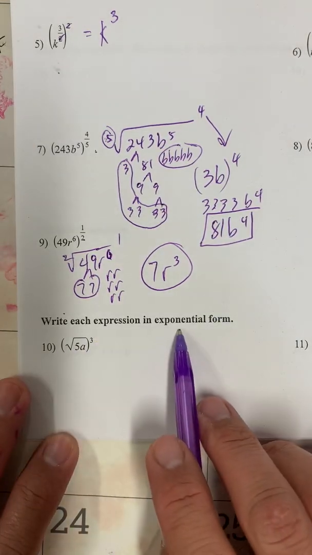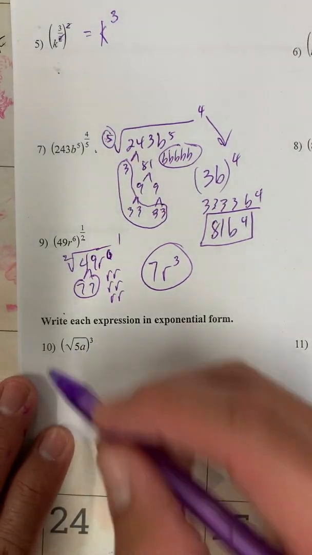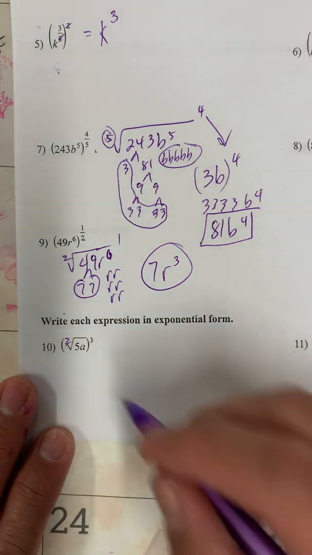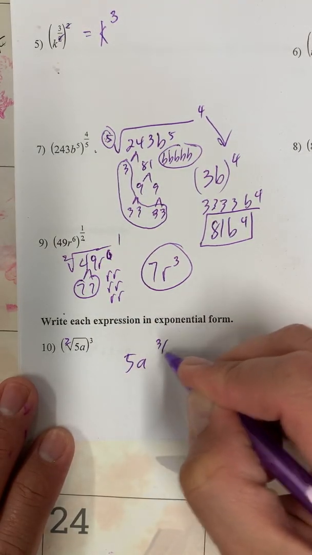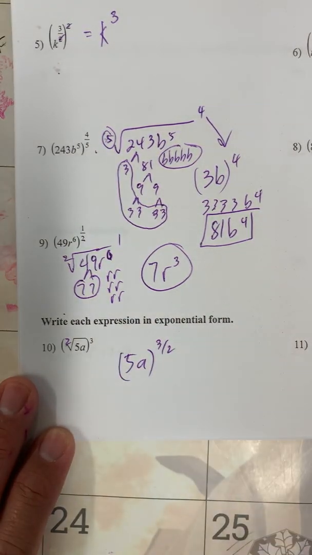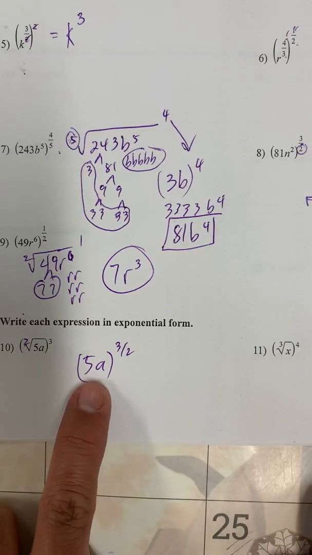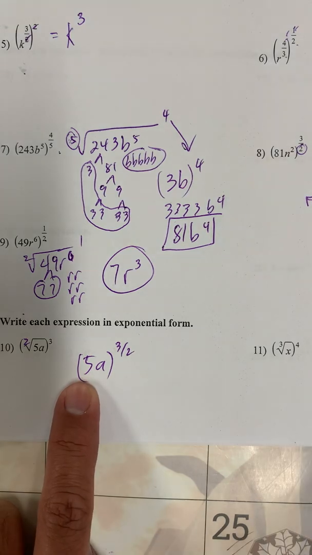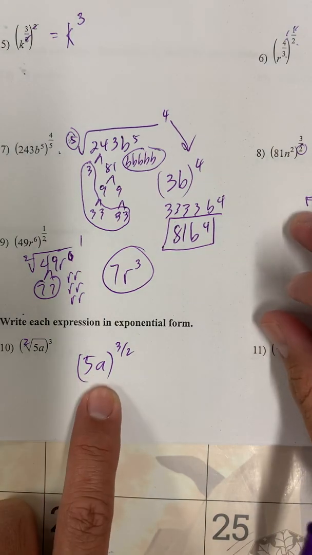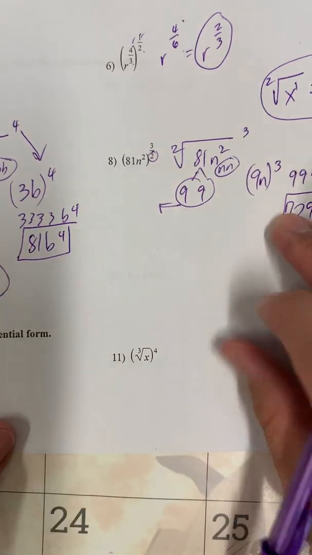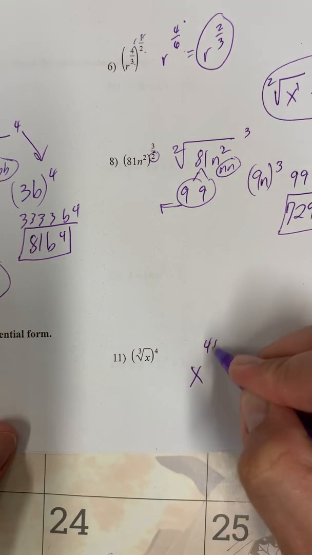Write each expression in exponential form. Remember, there's an invisible 2 there, so therefore 5a to the 3 halves, except that don't forget to write the parentheses. Here there are two items, coefficient and a variable. Unlike here, it's just x, so this would be x to the 4/3.